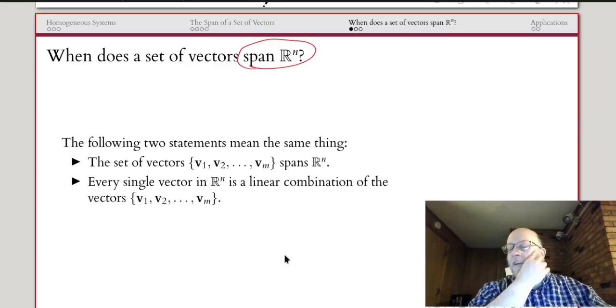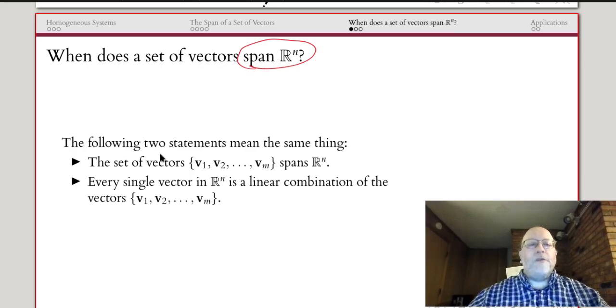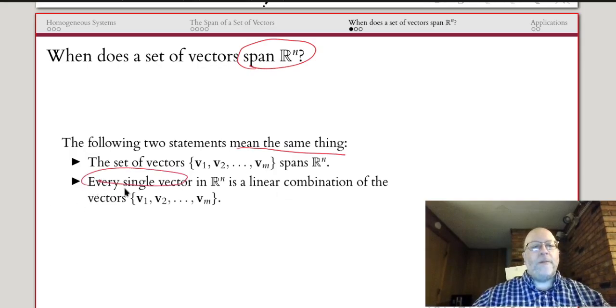When does this set of vectors span Rn? Well, these two statements mean exactly the same thing. To say that a set of vectors spans Rn means that every single vector in Rn is a linear combination of these vectors.